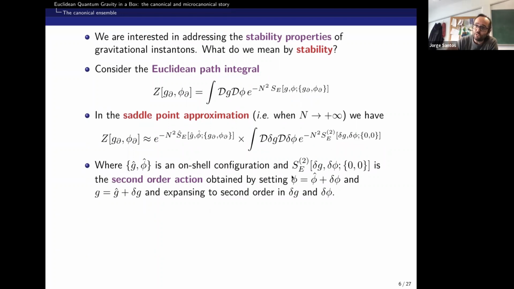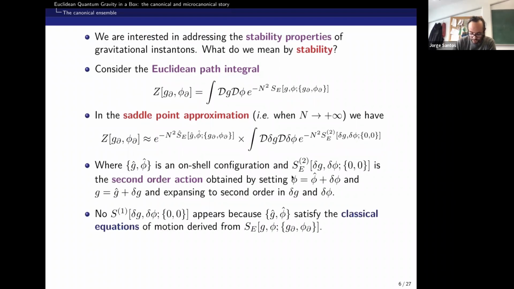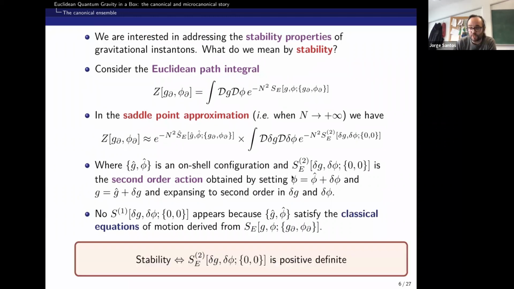That means that they're actually solutions of the classical equations of motion, and that's why there's no linear piece. So this is a quadratic thing on this delta G and delta phi, which are fluctuations. So this beast here is the one loop determinant, which has to converge. Okay, good. And I stress that there's no first order piece because we're looking literally at classical equations of motion.